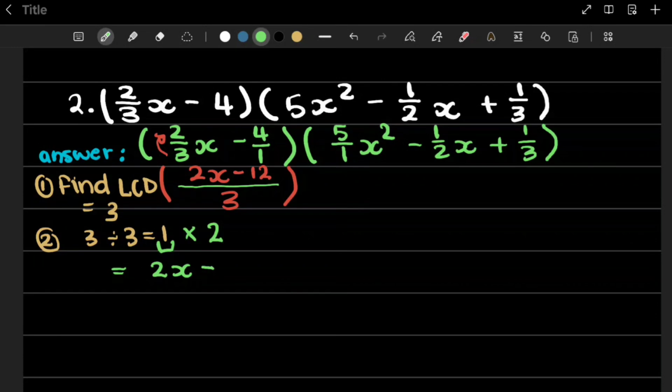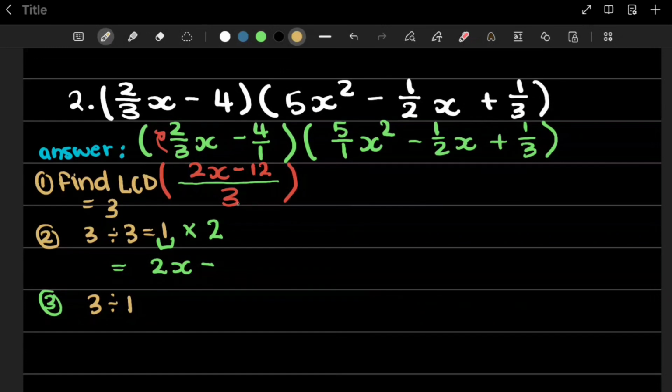And we're going to do the same thing with the second term. Step 3: 3 divided by 1, the 3 of the LCD that we found divided by the denominator of the second term, which will give us 3.